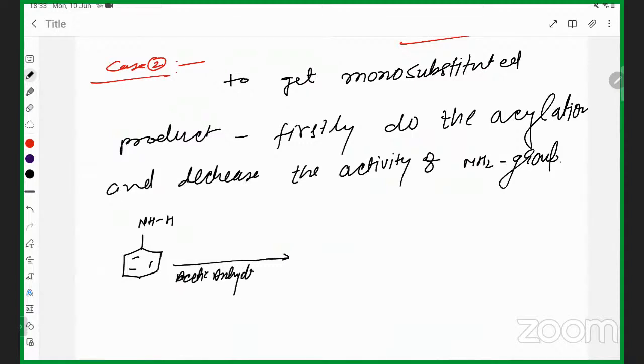If you write the formula, CH3 C double bond O, O, C double bond O, CH3. What is going to happen here? This will lose acetic acid. So what is left? This will give NH, C double bond O, CH3. Now this is the electron deactivating group.